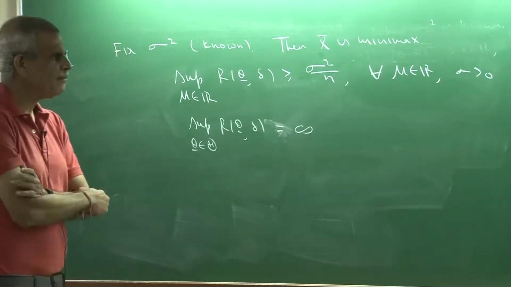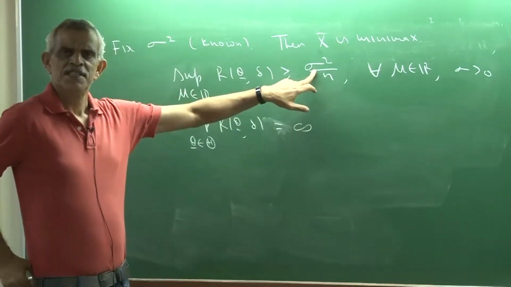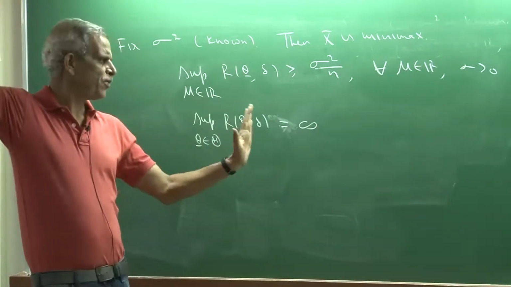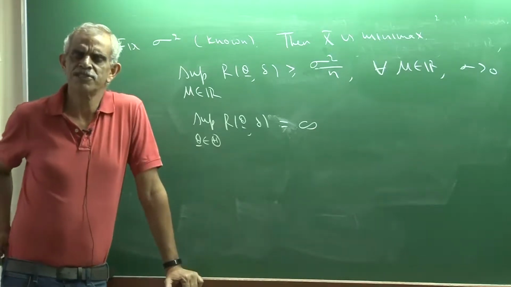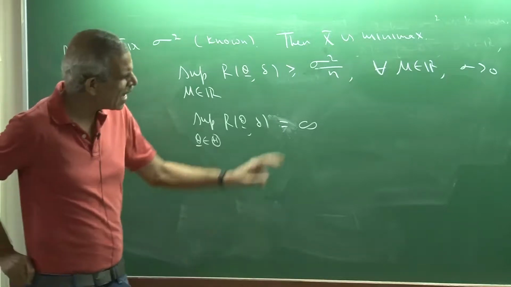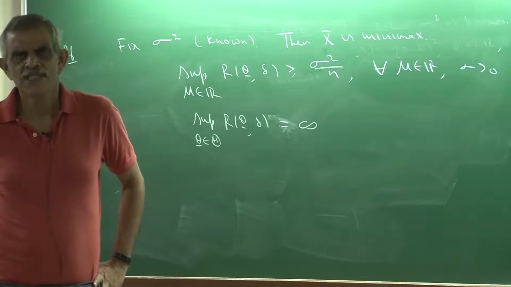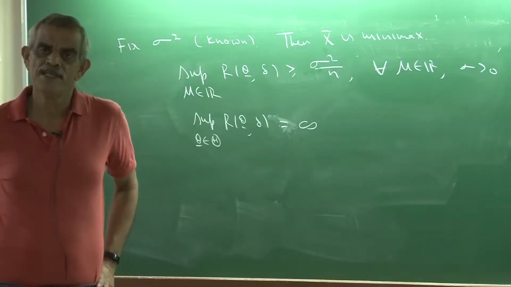Now let us try to see what is the problem over here. The problem is that if sigma square is completely unknown, this may just explode, and that may make the risk of all the estimators infinite. Now the question that arises is, suppose I have prior information that sigma square cannot explode, or in other words, sigma square is always bounded above by a constant c.